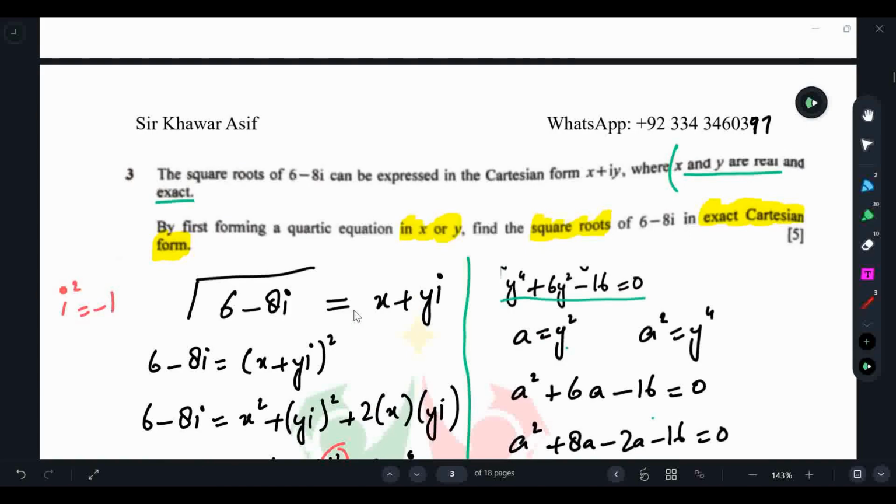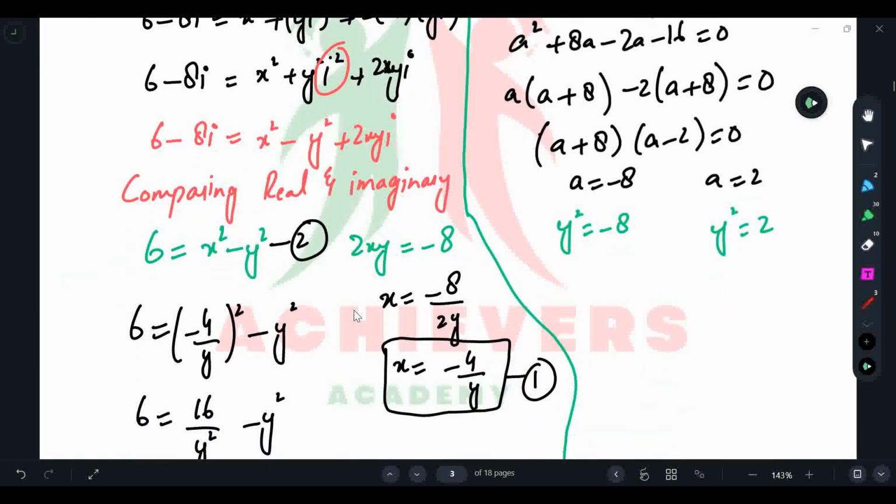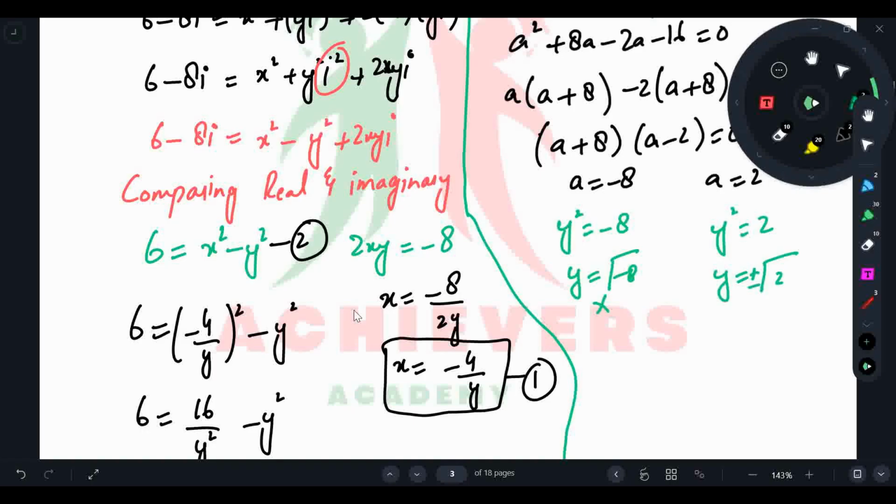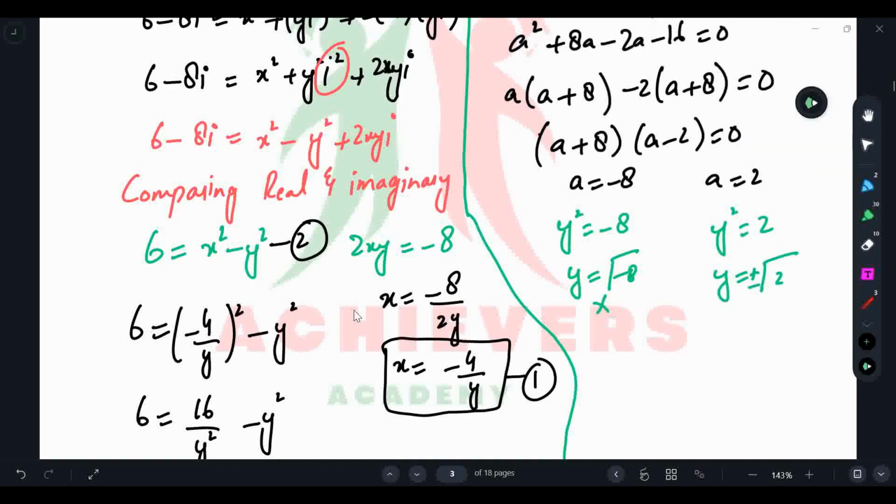This one is an important line. So from here we will not have any answer from y squared equal to -8. y will be equal to plus minus square root of 2. So we have two values of y, and just put them in equation 1. So x will be equal to negative 4 by positive square root of 2 and x will be equal to negative 4 by negative square root of 2.